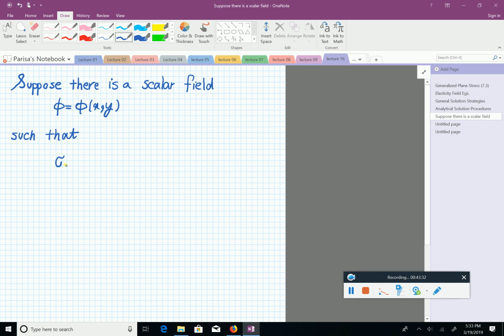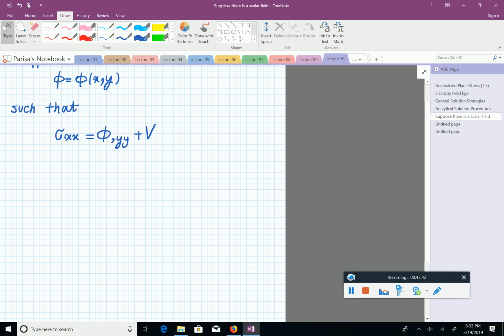such that sigma xx is phi comma yy plus V, sigma yy is phi comma xx plus V, and sigma xy is minus phi comma xy.